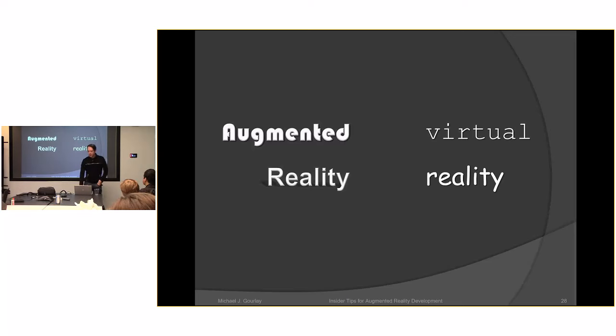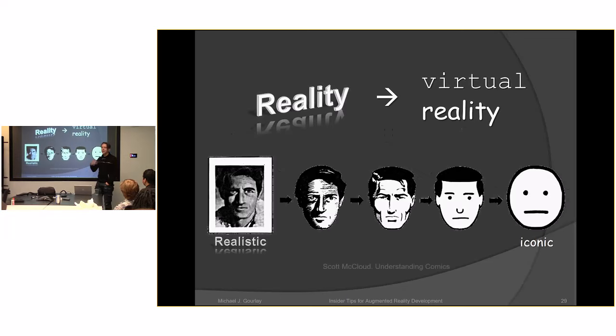So the difference isn't just in the augmented versus virtual part. It's not just that you have, in one case, augmented, in the other case, virtual. It's that the word reality in these two is actually talking about a completely different and unrelated reality. In the case of virtual reality, the reality that we're used to is completely replaced by a different reality. So in other words, this reality is replaced completely by one that is entirely fabricated.